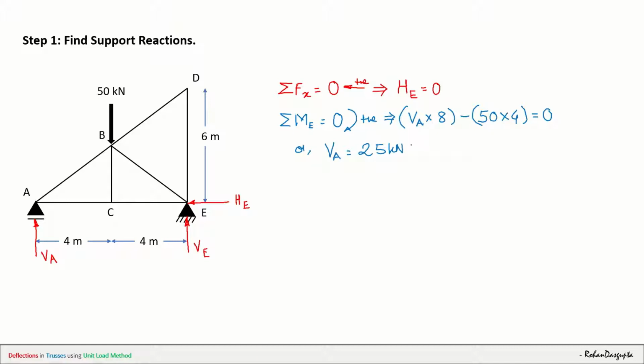Now, since this has come as positive, therefore we will have the chosen direction as correct. Our chosen direction for VA was upwards, so VA is equals to 25 kilonewton. Lastly, we can go for summation of F of Y is equals to 0, and let me take this as upwards positive.